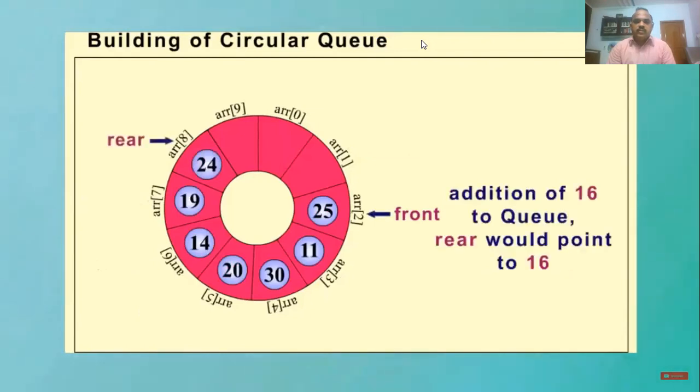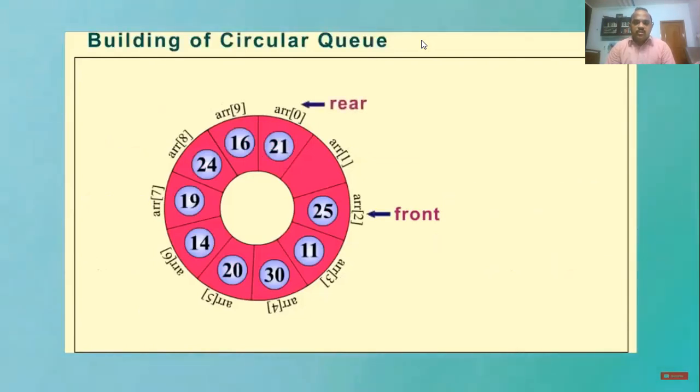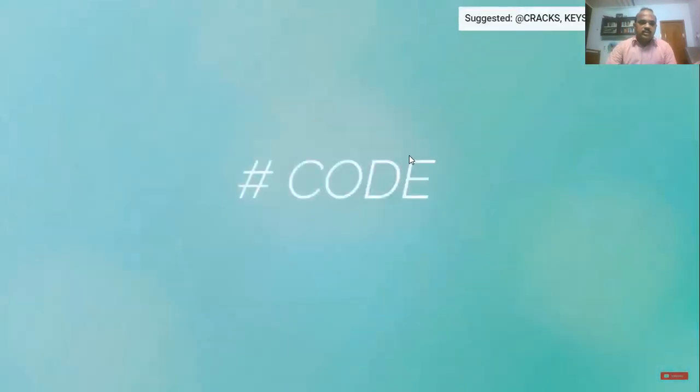Rear is incremented. Rear position equal to max size minus 1. Then I want to insert an element 21. Rear equal to 0 position. So this is a possibility in circular queue data structures. Clear? Yes.